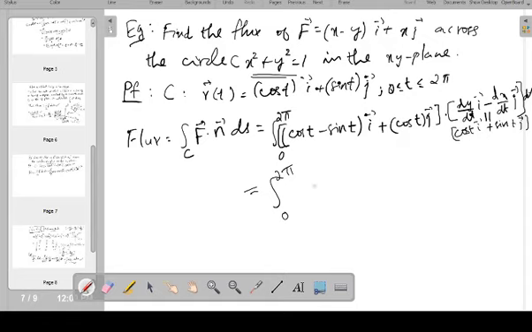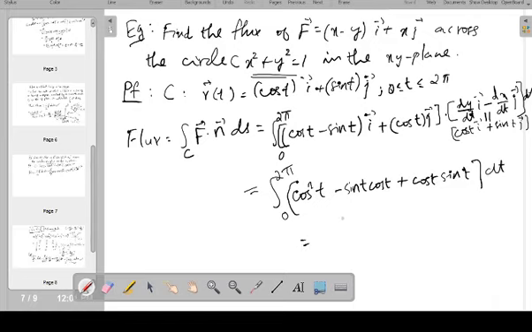So what will you get? cos square t minus sin t cos t plus cos t sin t, between 0 to 2 pi.